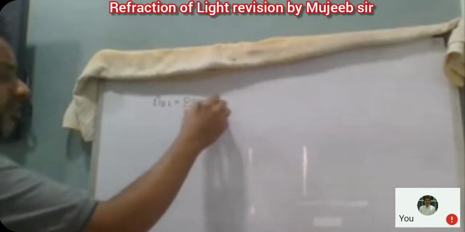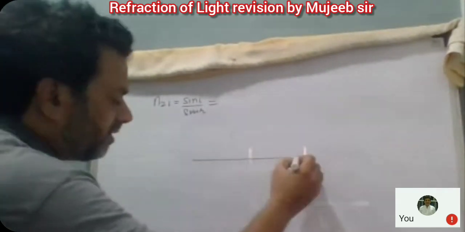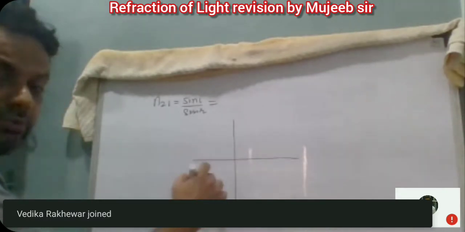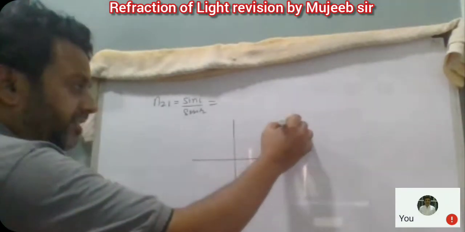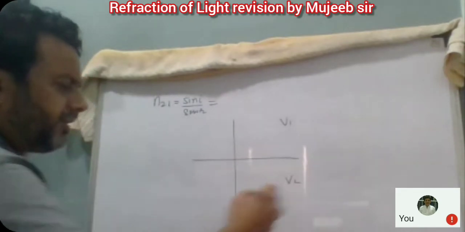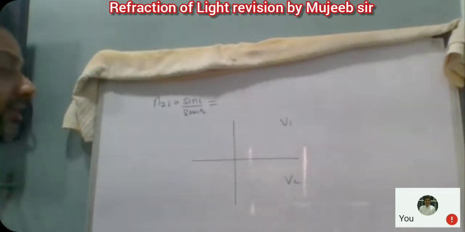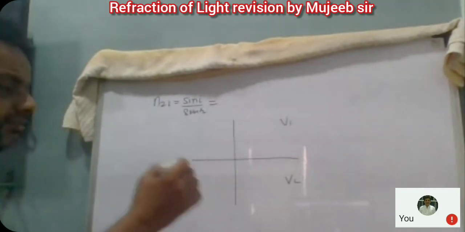It can also be represented in terms of the speed of light in two media. Suppose this is the interface of two media, where the speed of light is v1 here and v2 here. As light goes from one medium to another, the speed changes.